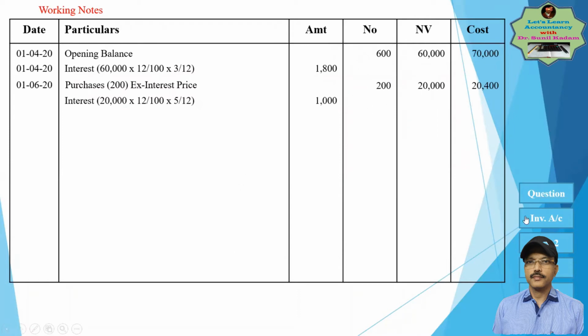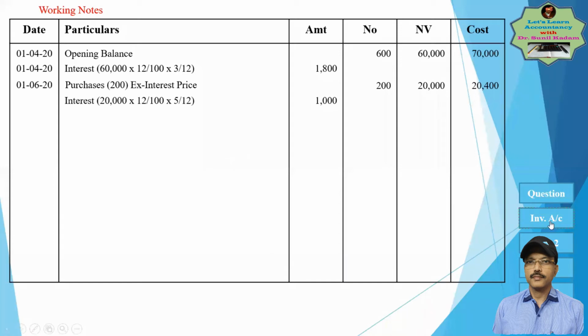We will record it in the investment account because we'll pass an entry. The entry will pass as we have purchased it. So investment account, 20,400 debit. Interest account, 1,000 debit. To bank, 21,400 is the journal entry that will pass.